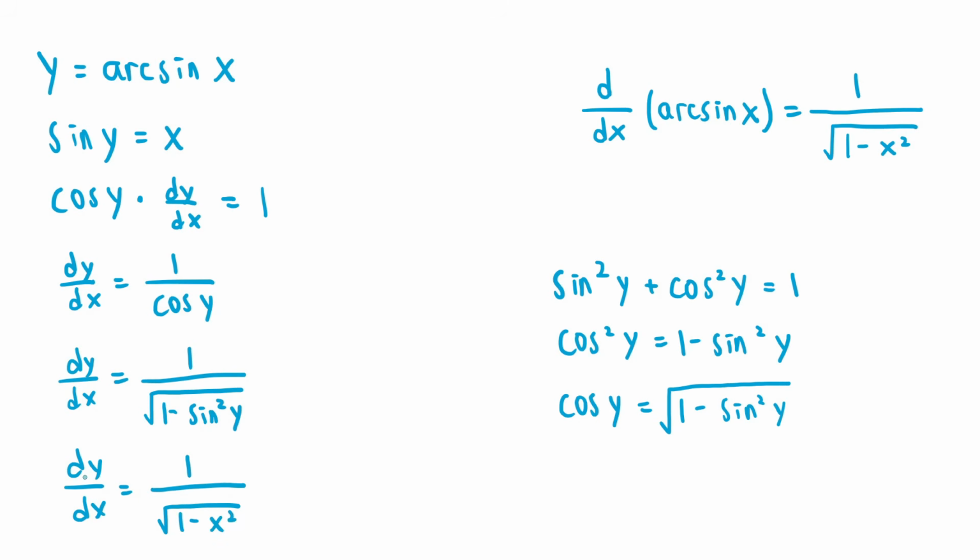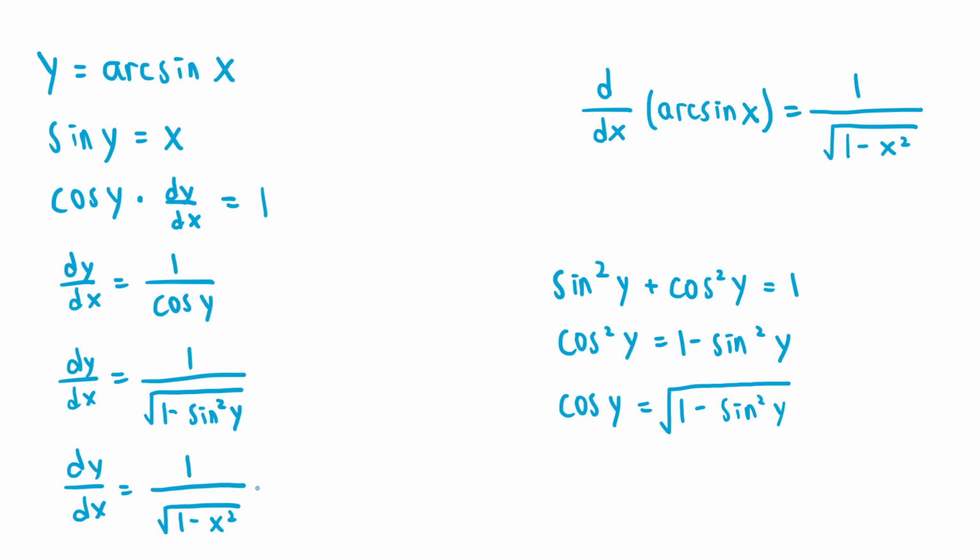So this means dy dx equals 1 over the square root of 1 minus x squared. Since we set y equal arcsine of x, dy dx is the derivative of arcsine of x. So the derivative of arcsine of x is 1 over the square root of 1 minus x squared.